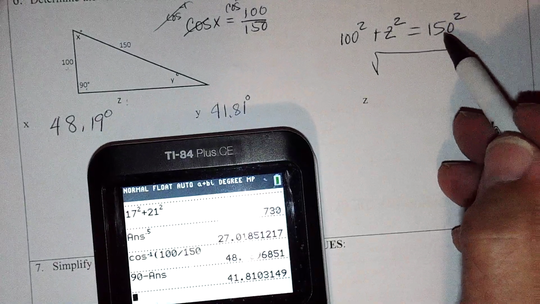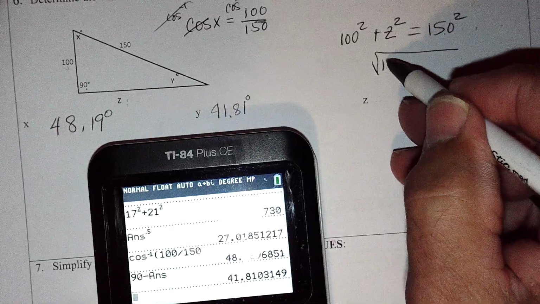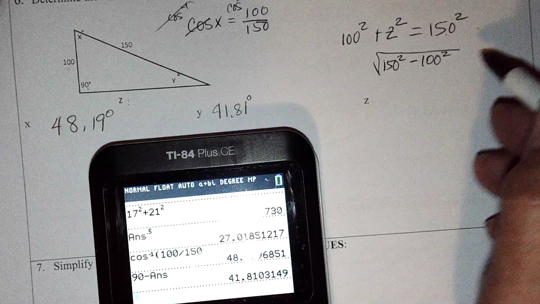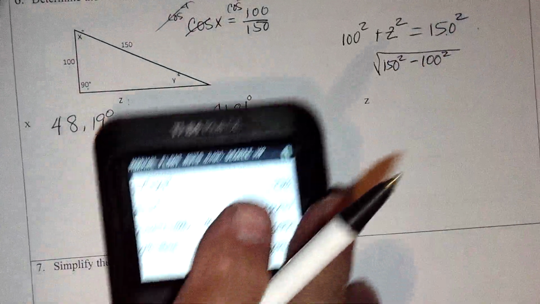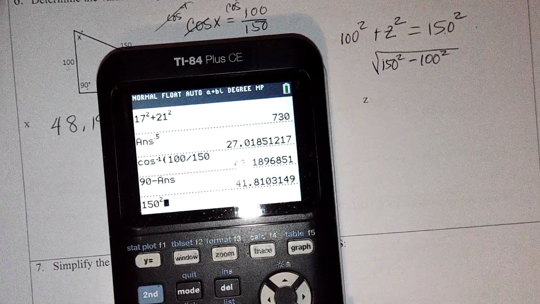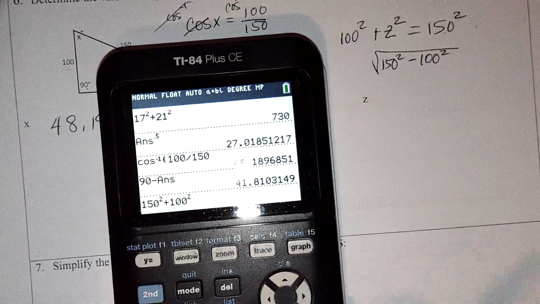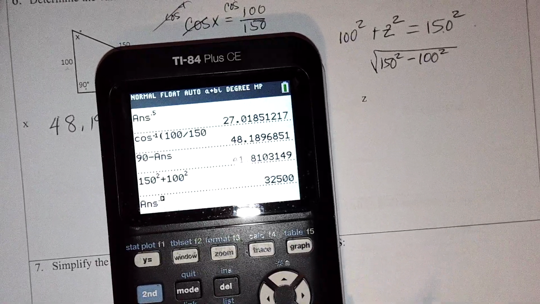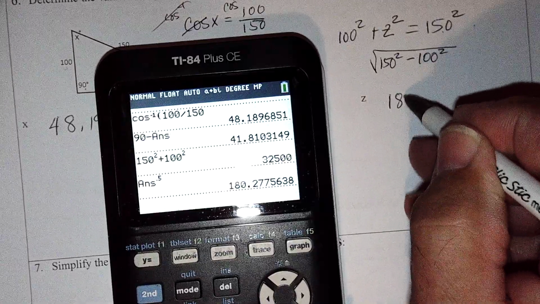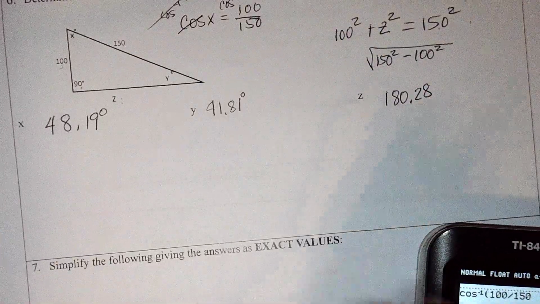So I've got to do 150 squared minus 100 squared, and then square root. And so I'm going to do 150 squared minus 100 squared to the 0.5 to do the square root, and I get 180.28 is the length of z.